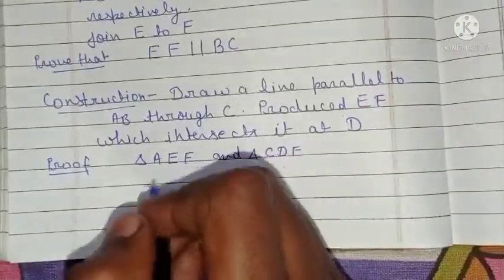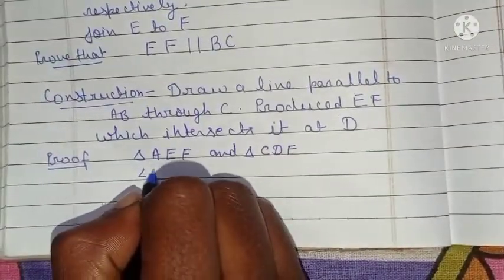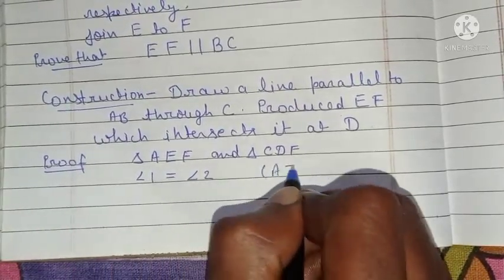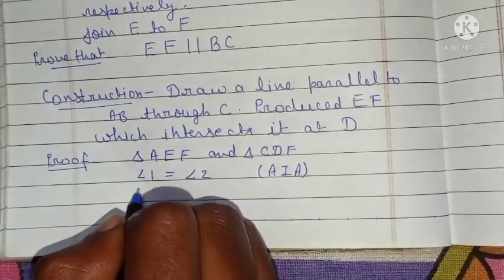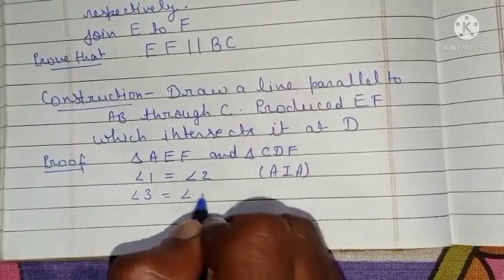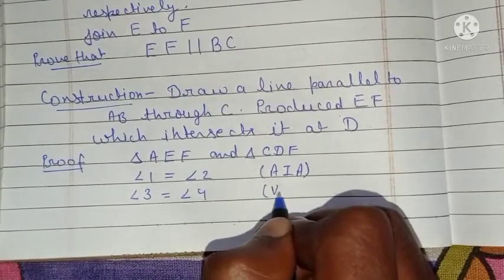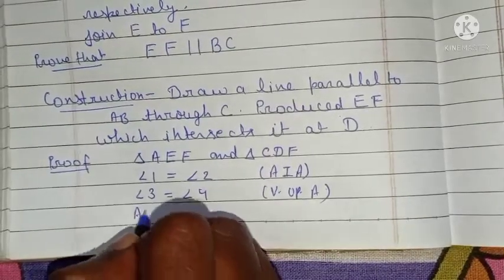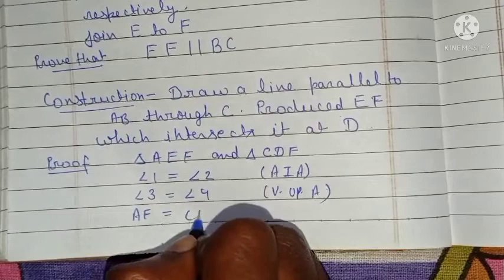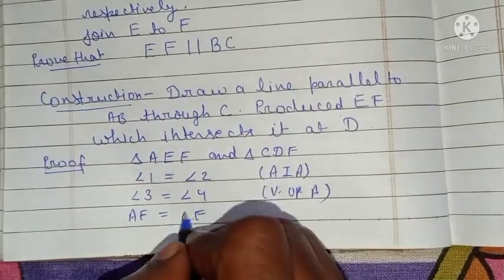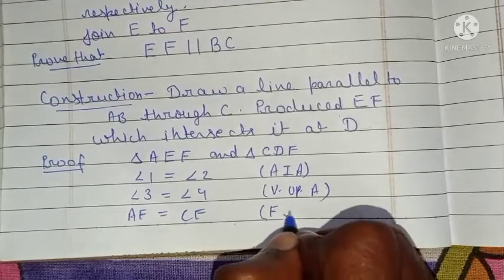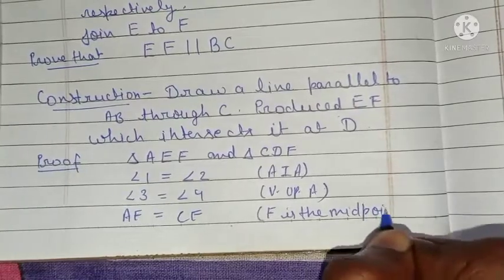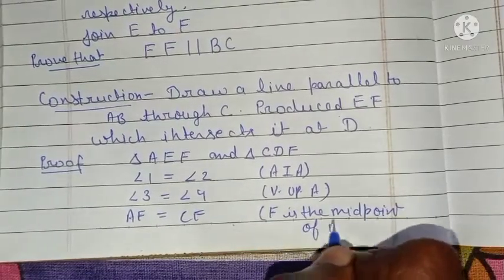So angle 1 equals angle 2, alternate interior angles. Angle 3 equals angle 4, vertically opposite angles. And AF equals CF, because F is the midpoint of AC.